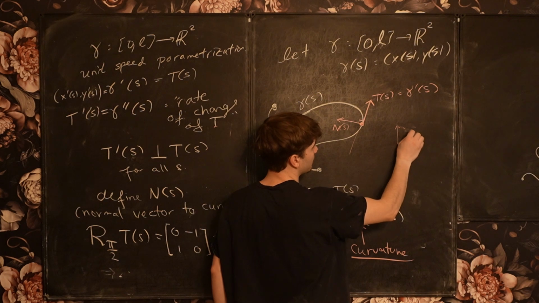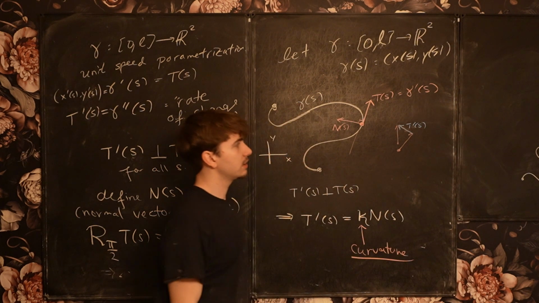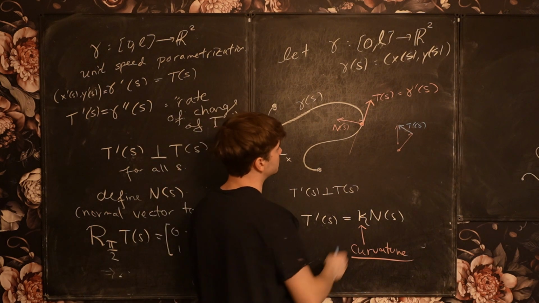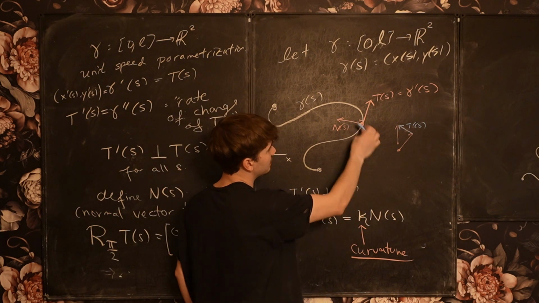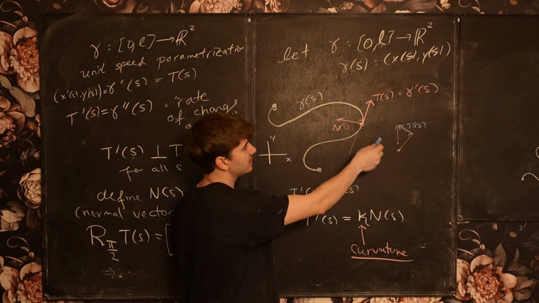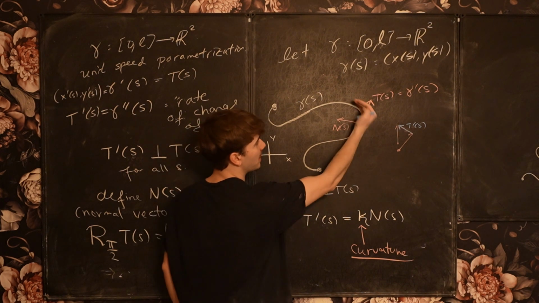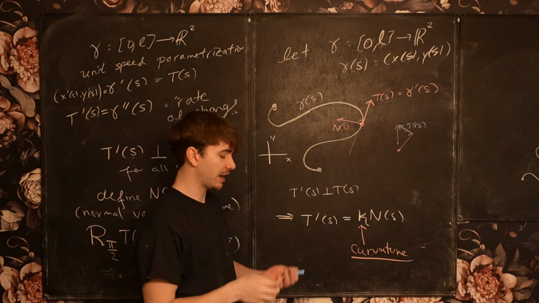So t prime of s is going to look something like so. And so intuitively speaking, t prime of s is going to be in the direction of this normal vector, and it's going to be pointed towards the normal vector because the curve is sort of bending towards the normal vector, okay?